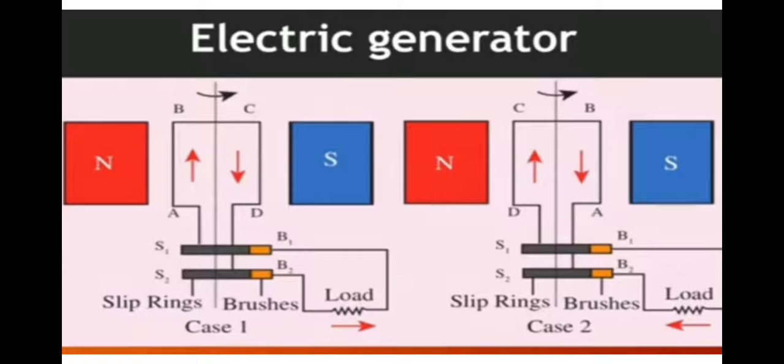Two slip rings, S1 and S2, which are connected to the armature and thus rotate with it. Two brushes, V1 and V2, which provide electrical contact with the slip rings and a load, which may be a galvanometer.